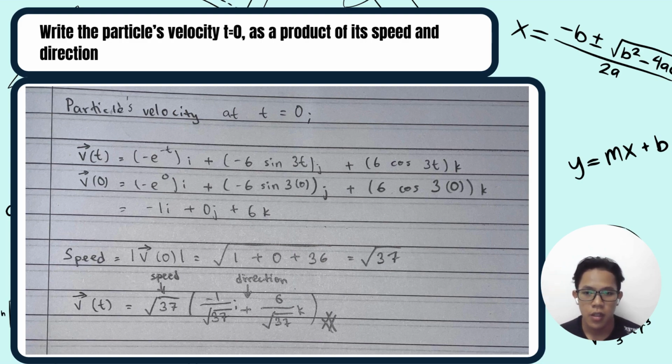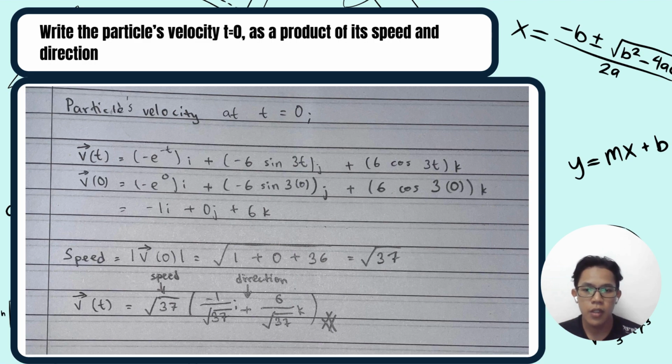After that, we need to find the speed using the formula: the magnitude of v of 0 is equal to the square root of 1 plus 0 plus 36, and the answer is square root 37.